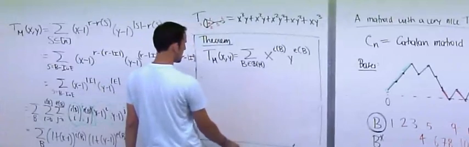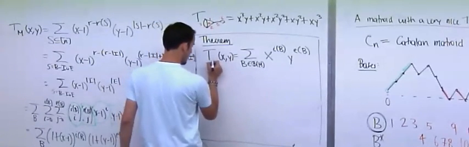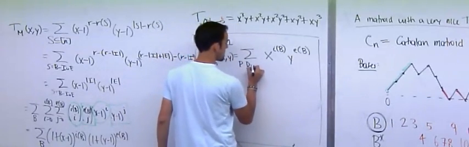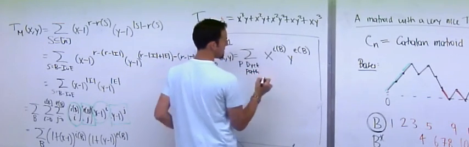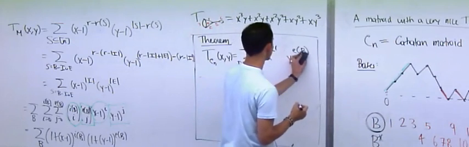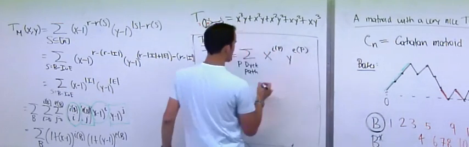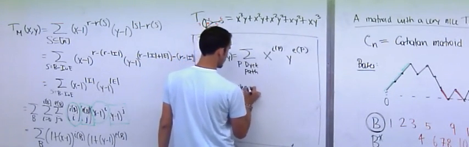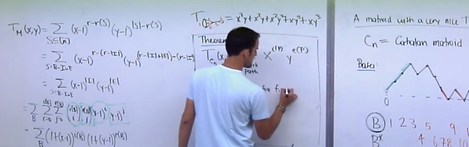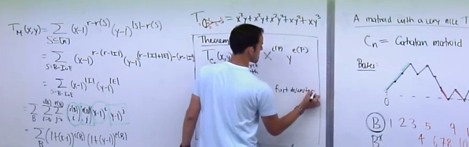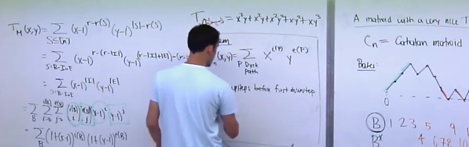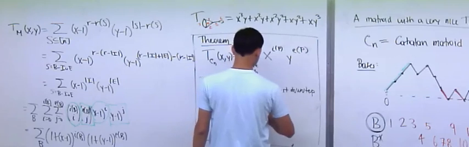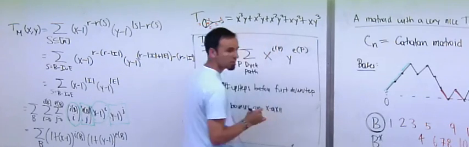The theorem basically says that the Tutte polynomial of the Catalan matroid is given by the summation over P a Dyck path of x to the I of P, y to the E of P, where I of P is the number of up steps before the first down step, and E of P is the number of bounces on the x-axis.